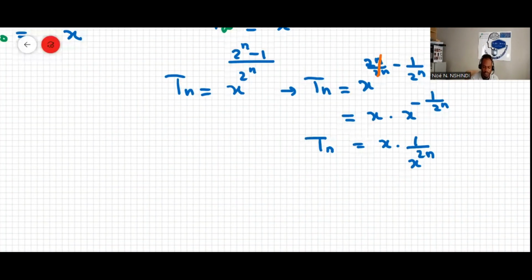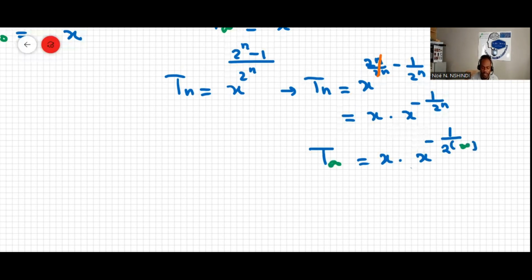Oh no, I misread. It's not really that. Actually, I can work it out from there. T to the infinite, I can solve it from here. It will be x times x to the -1 over 2 to the power of infinite. So I'll substitute infinite there.